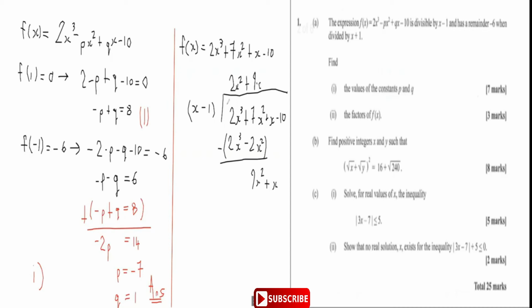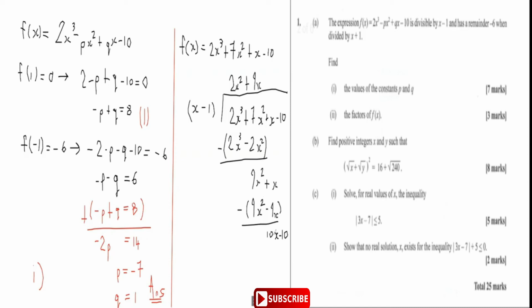Then 9x times x is 9x squared. Then 9x times minus 1 is minus 9x. Then we do our subtraction again. x minus minus 9x is positive 10x. So we have positive 10x minus 10.